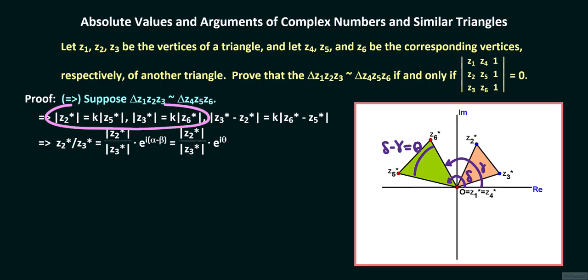From these equations, we get the absolute value of Z2 star over the absolute value of Z3 star equals the absolute value of Z5 star over the absolute value of Z6 star. And with e raised to the power I theta, we have this equation. Theta is delta minus gamma.